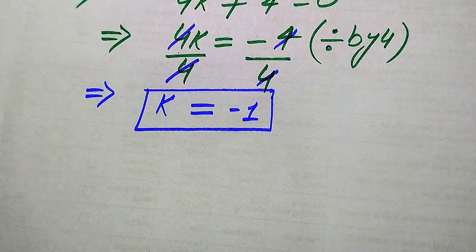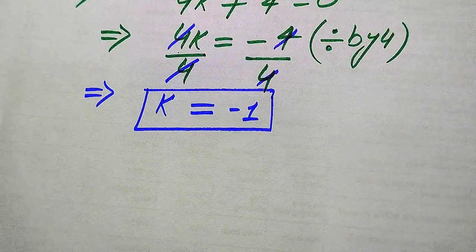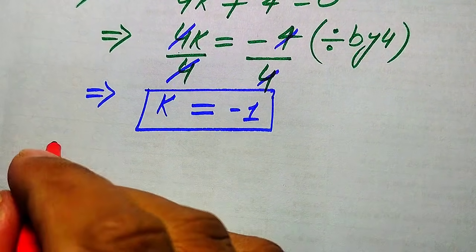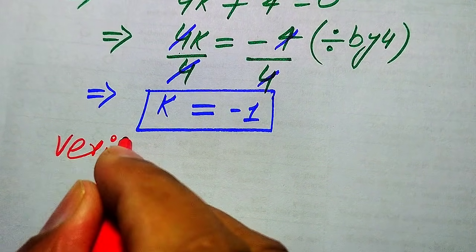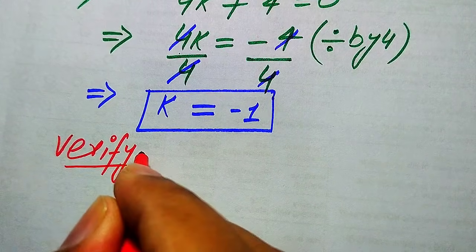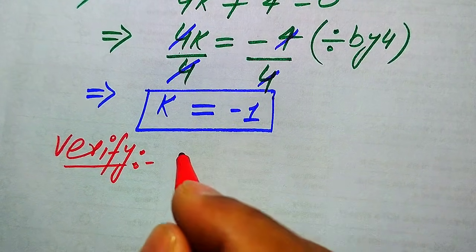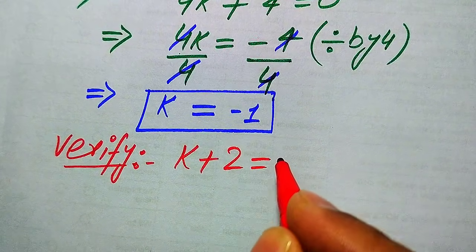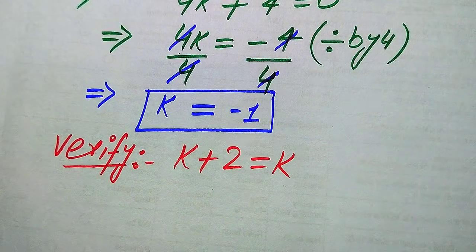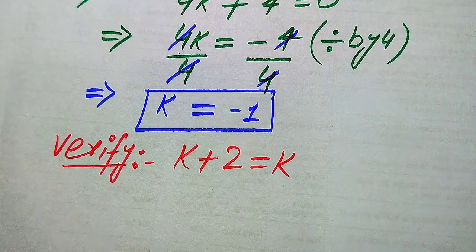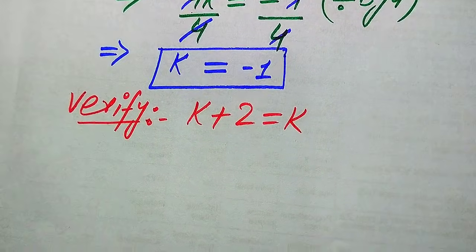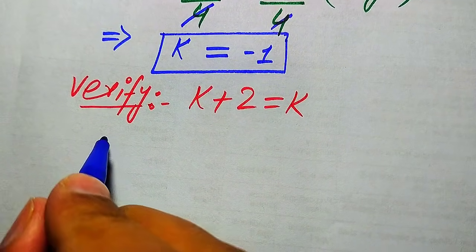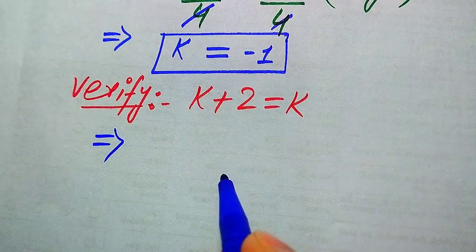In the next step we need to verify whether this value of k is a solution or an extraneous root. For verification we copy down the given question statement, which is √(k+2) = k. Now we substitute the value of k into the left hand side of this equation.